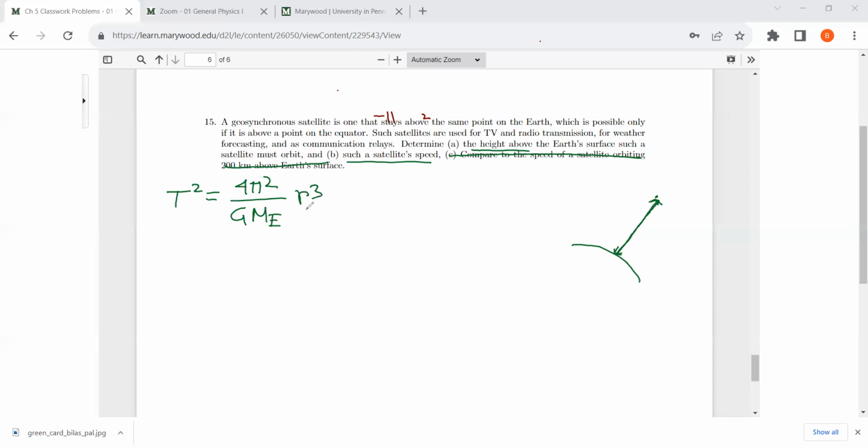The surface of Earth is related to this quantity r. So let's first calculate r, and then from r we can determine the distance from the surface of Earth. This r means the distance from the center of Earth, so you have to remember that. If I solve this equation for r cube, it gives me something like this.